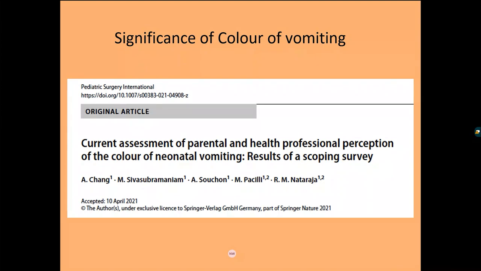According to that survey, there is still a significant percentage of healthcare professionals who lack knowledge about the significance and understanding of bilious vomiting in newborns.